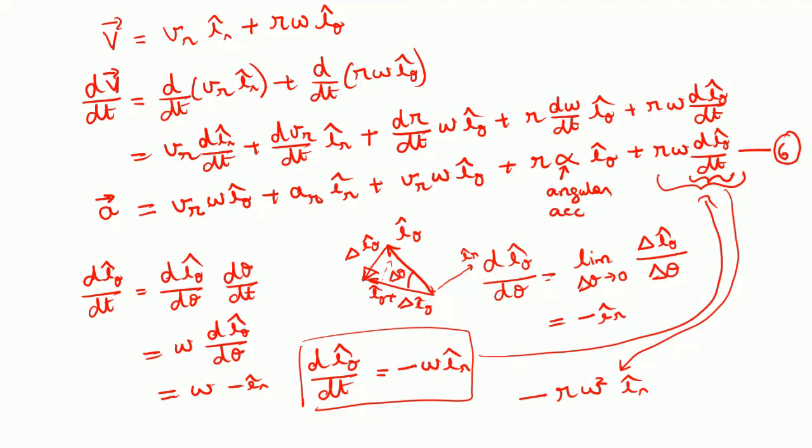Now observe here, we have two terms, this one and this one. These two will add up to make 2 Vr omega E theta. So in the theta direction, we have these two terms, then we have R alpha. In the R direction, we have AR and minus R omega square ER. So let us combine this and write the acceleration term.